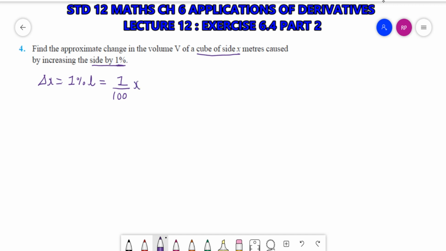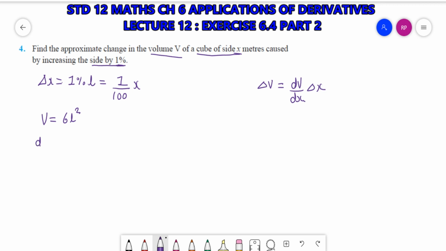Now you need to find out the approximate change in volume V. So what is the formula for V? Clear? So to find out the approximate change, delta V will be equal to dV by dx, we will differentiate with respect to x because the side is increasing, into delta x.